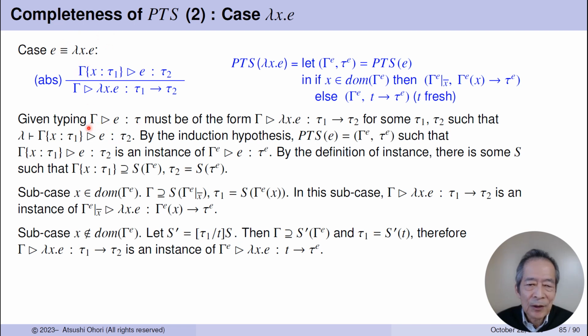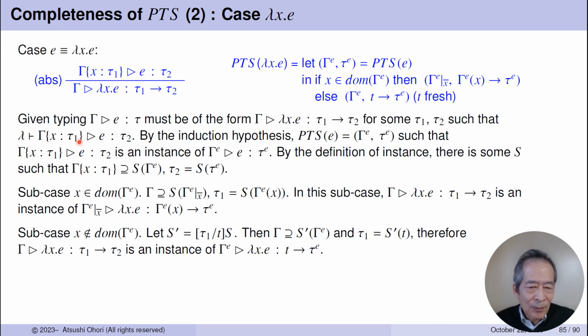We wrote this notation, and this must be derived by this abstraction rule. So this must be of this form because this is a function type, for some tau 1 and tau 2, such that this is also derivable. Otherwise, this can't be derivable. So the given assumed derivable typing must be of this form, and therefore this is also a derivable typing of E.